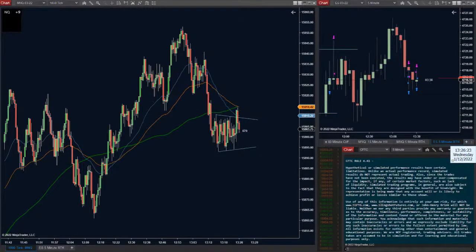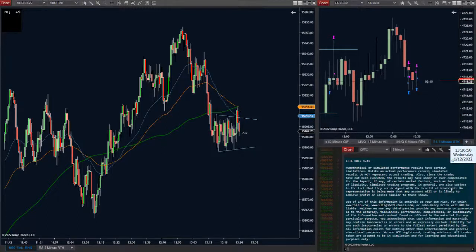Whatever the saying ends up being. Nice little fade off the top. NASDAQ, again, much more visually obvious in terms of what's happening there, but the S&P seemed like a better opportunity. I don't know that the NASDAQ's done.